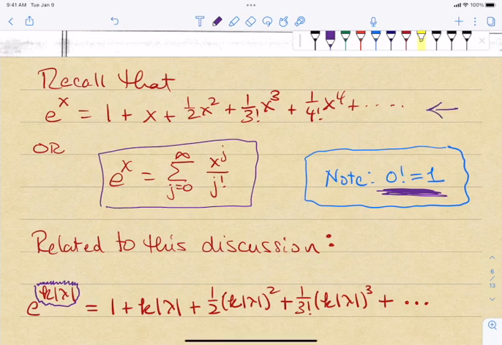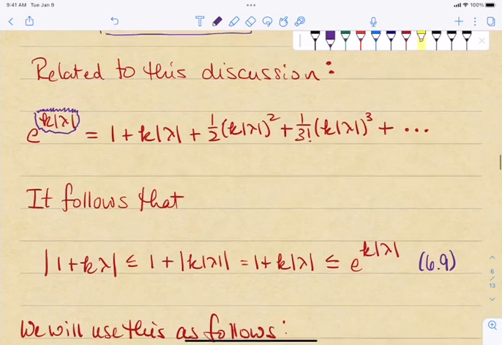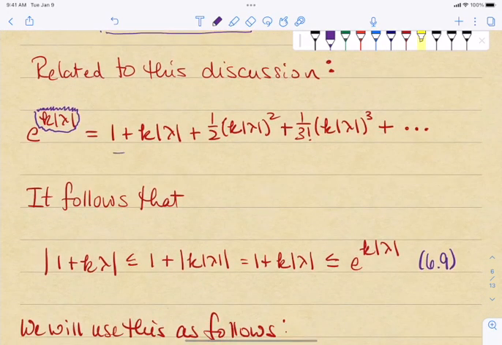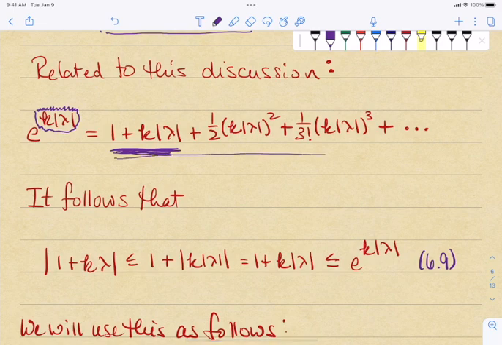It's a little messier, but it is just the exponential that you know from calculus with a particular kind of exponent. Notice, look at these first two terms, right? These are the first two terms in this series. And so what I can say is that the sum of these first two terms is going to be less than or equal to the whole series. And I'm going to use that in this next equation.